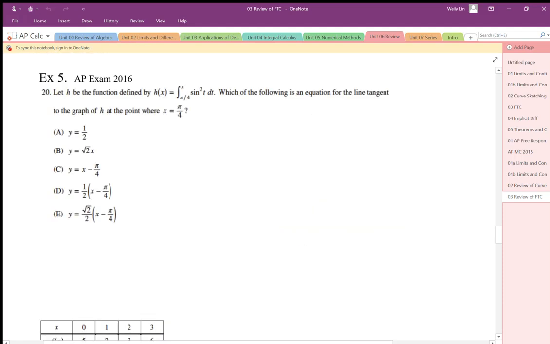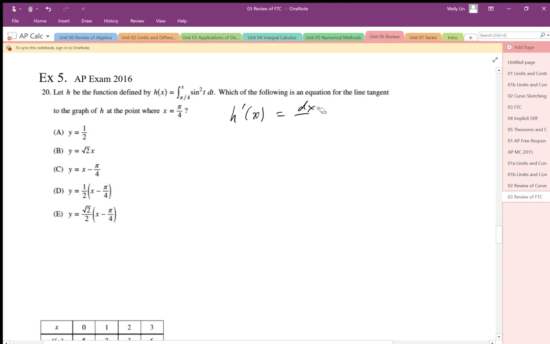This question is from AP Exam 2016, and it's, again, the fundamental theorem of calculus, where h is defined by this function. It is the area underneath the sine squared graph, and it asks which of the following is an equation for the tangent line of the graph at that point. So the tangent line means we need h prime of x, which means we differentiate.